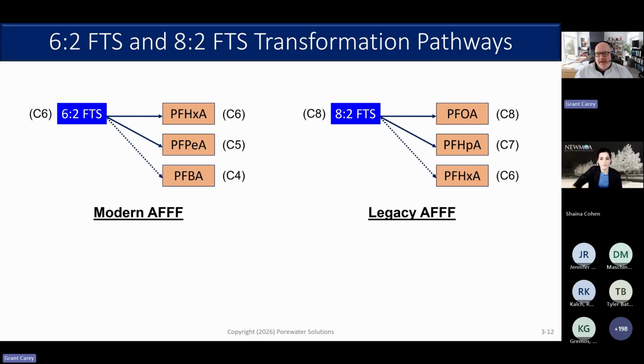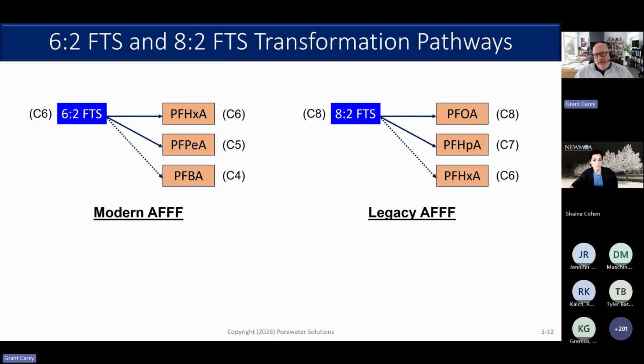So 6:2 FTS will biodegrade mainly to PFHxA, a little bit lesser to PFPeA, and then a fair bit less to PFBA. But all 3 of those are daughter products. And 8:2 FTS, when that's biodegrading aerobically under natural conditions, PFOA is produced. And that's certainly probably the most regulated compound, PFOA and PFOS, at the state and federal level.